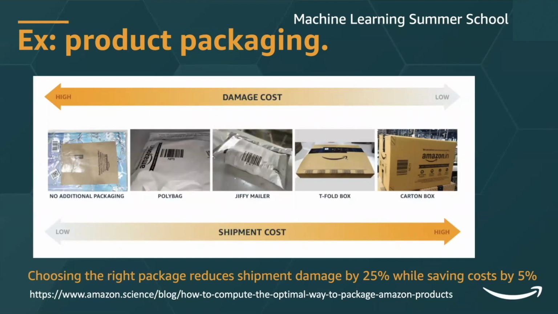We should in fact take into account, apart from cost, aspects like, is it fragile? Is it an electronics good? Is it food? The various features of the product before deciding on whether a packaging is appropriate.